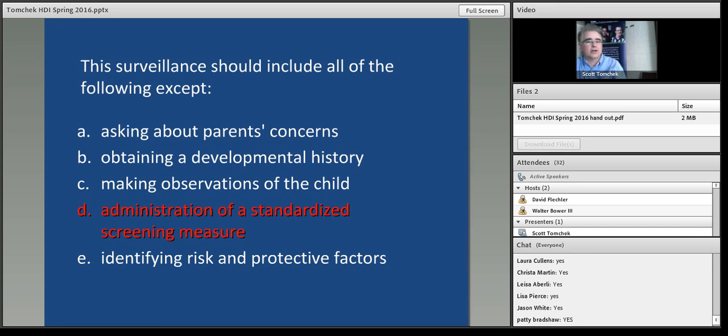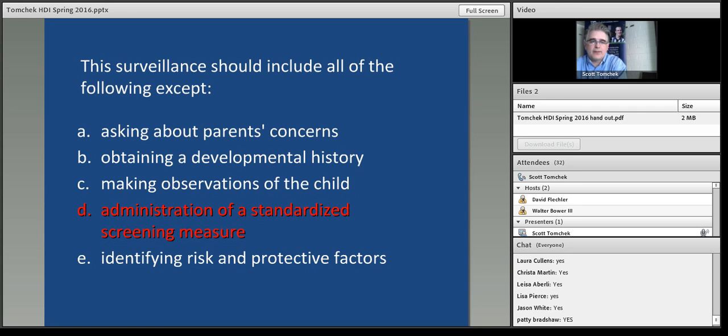Typical routine, 9-18, and then 24 or 30-month well visits, depending on which schedule the primary care provider puts the child on, is recommended. Those are the recommended ages.